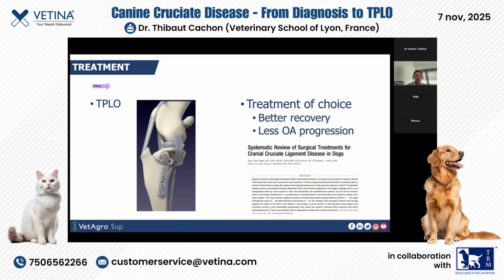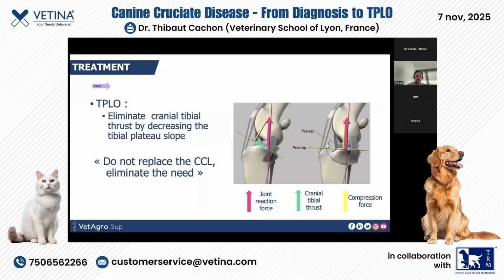Currently, TPLO is the best treatment option because there is the best recovery. There is less pain, less lameness at 6 months after the surgery compared to TTA and to extracapsular suture, and also there is less progression of osteoarthritis. So in my hands, I do a TPLO in most of the cases.